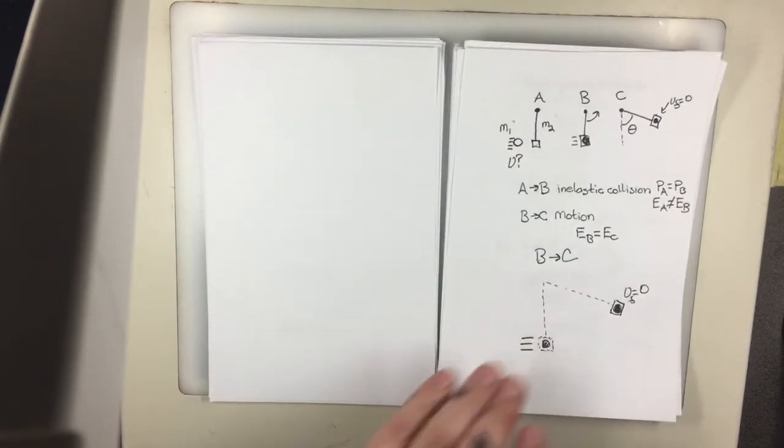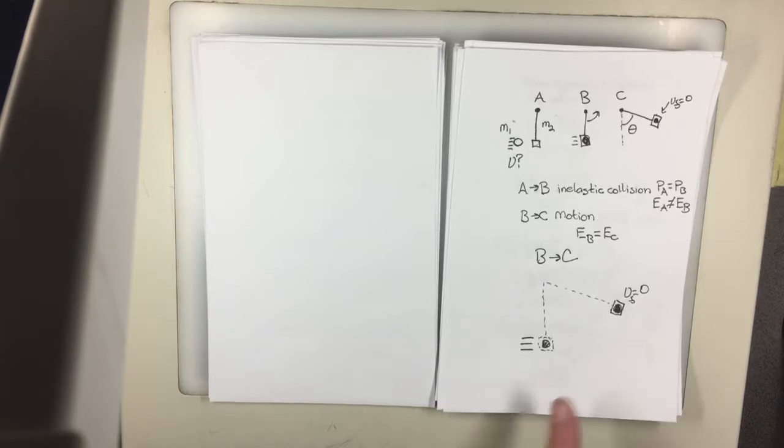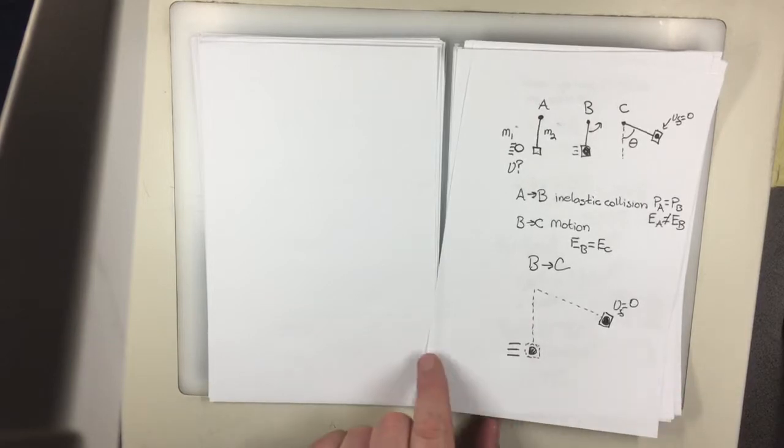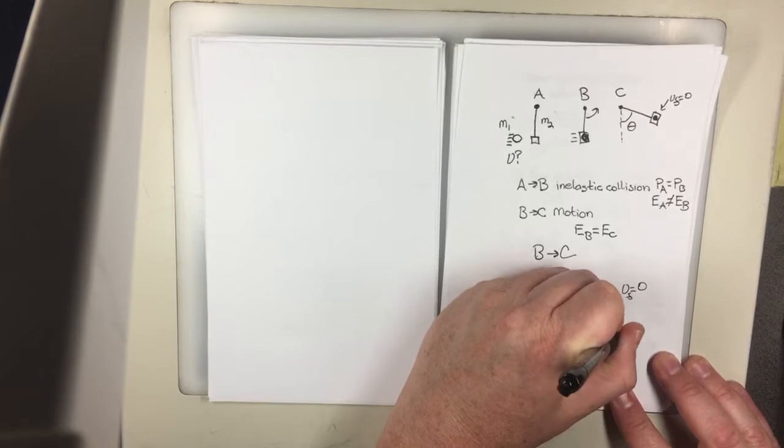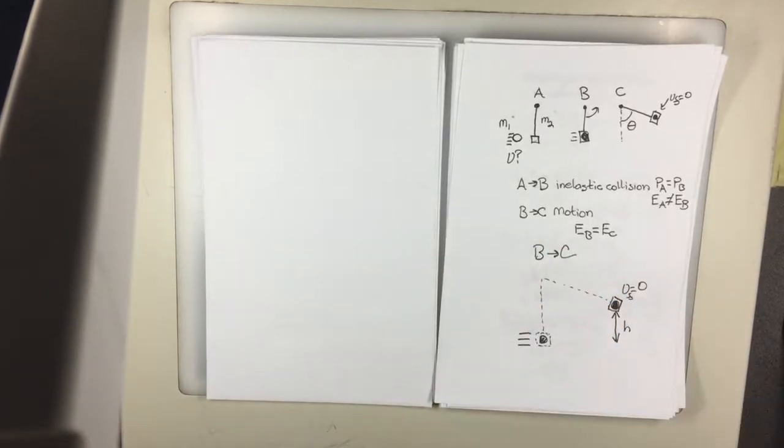It is a conservation of energy problem. Now remember what I told you, it doesn't matter how that motion looks. In this case, it's kind of circular because it's at the end of the arm. But all that does matter is that height h.